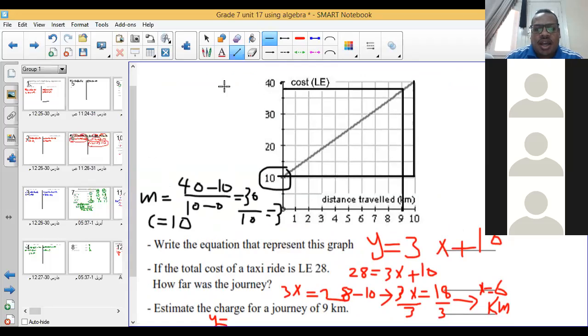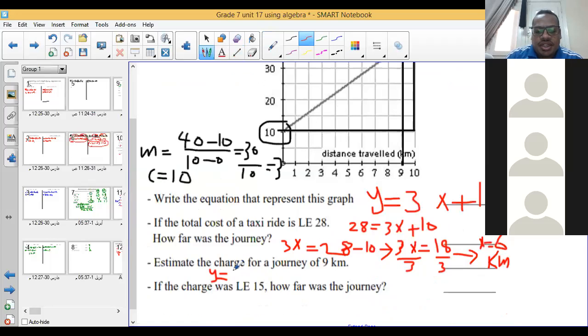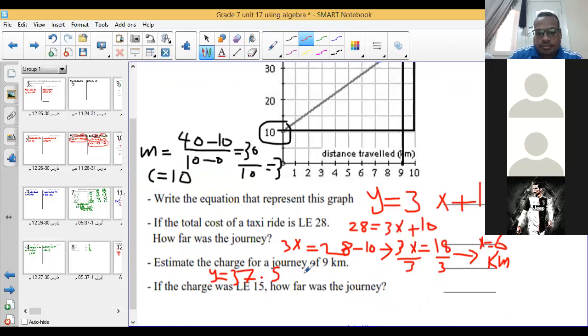So I can write here y is equal to 37.5. Okay.